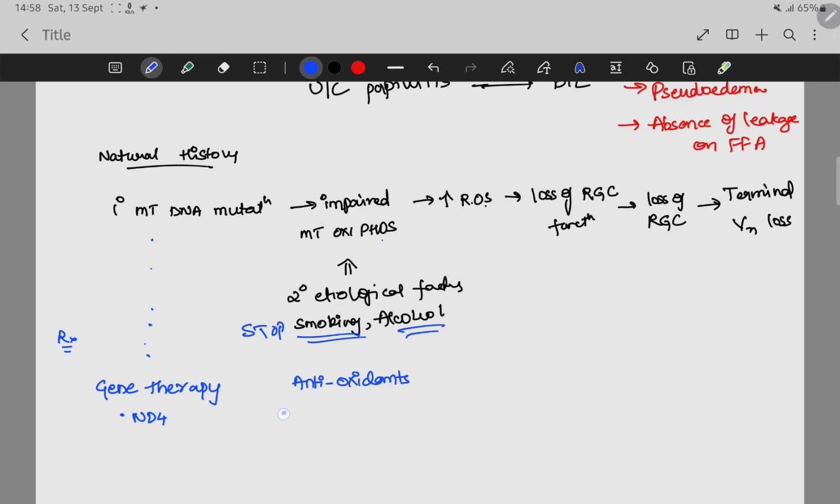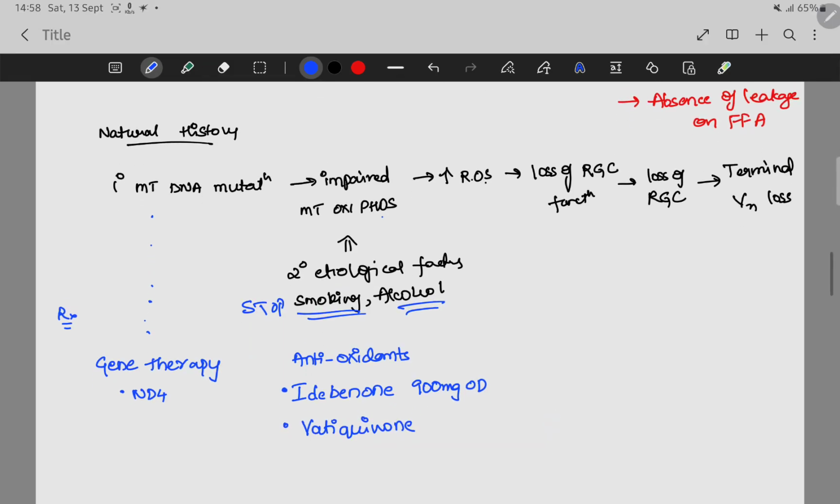The ones used are idebenone, given 900 mg OD, vatiquinone, and coenzyme Q10.